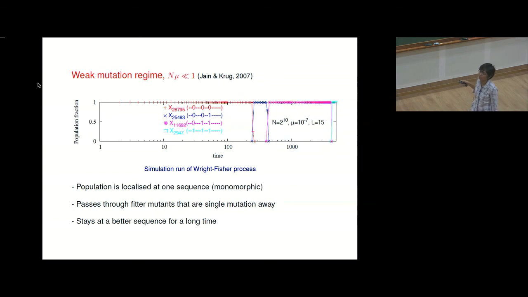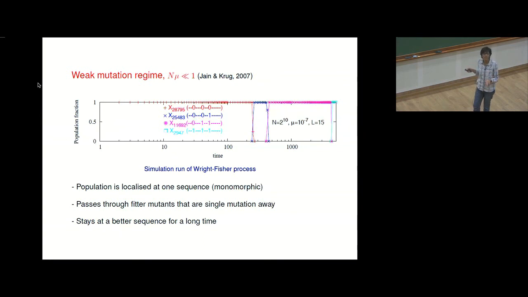What I have done is to choose this regime in which basically population is sitting at one sequence most of the time. At any point, there are just 2 types present. That's helpful because then I can appeal to single locus problems, which we discussed yesterday, and try to make some progress in this. So we'll ask different questions here.